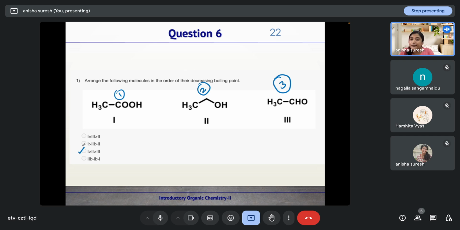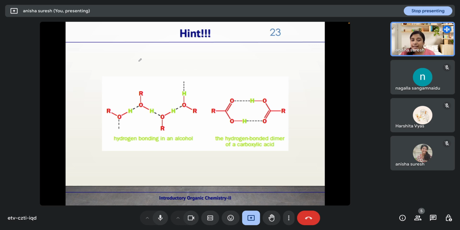The reason for this difference in boiling point is hydrogen bonding interactions. In case of alcohols, it will be having this sort of hydrogen bonding interactions. And if you are considering the acids, here it can form hydrogen bonded dimers. So that is why this is having the higher boiling point, and this will be coming next.